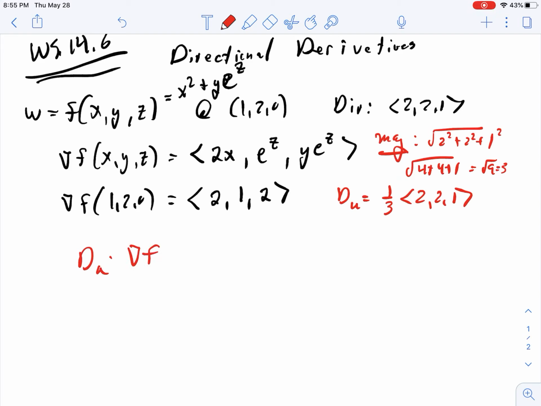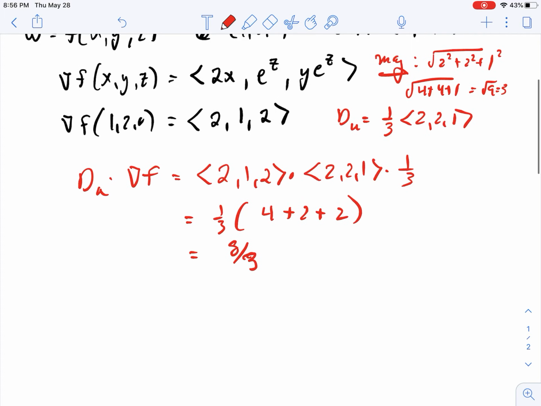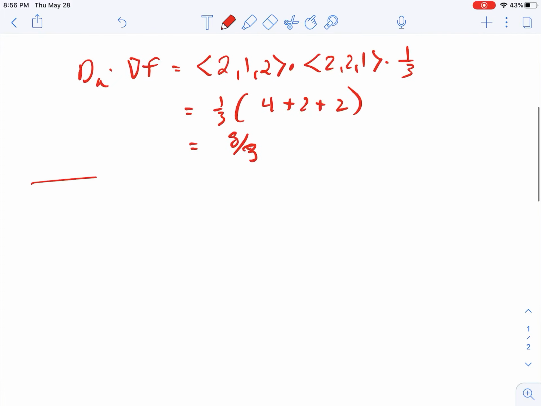Now multiplying the directional derivative times the gradient, I would have 2, 1, 2 dot 2, 2, 1, and I'm going to pull the 1/3 out there. So I have 1/3, and that would give me 4 plus 2 plus 2, 4, 8, and what we'd have would be 8/3. Okay.